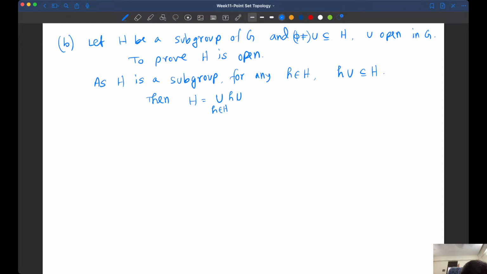The other way around: if I take any element in H, then corresponding to that element, I just have to prove the identity belongs to some hU, then you are done.